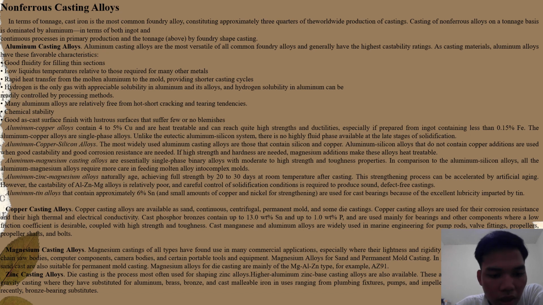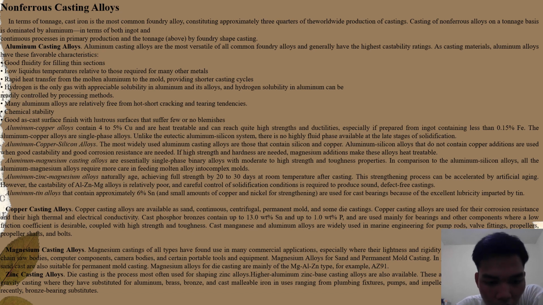Copper casting alloys. Copper casting alloys are available in sand, continuous, centrifugal, permanent mold, and die casting. Copper casting alloys are used for thick sections and for their high thermal and electrical conductivity. Magnesium casting alloys.